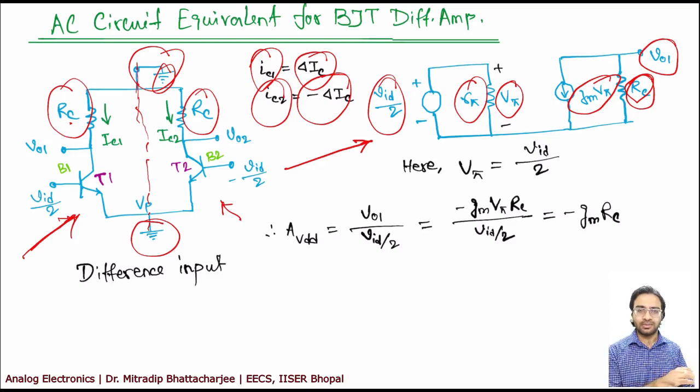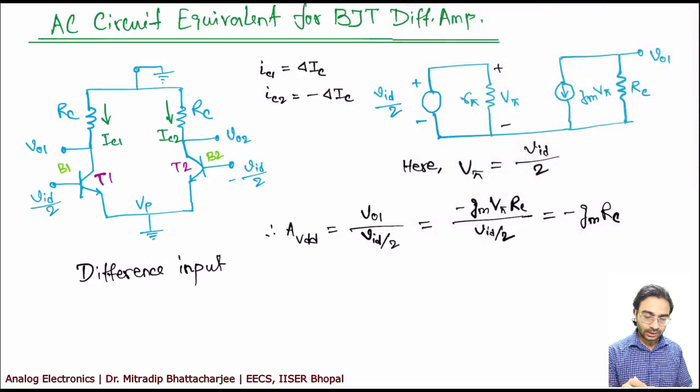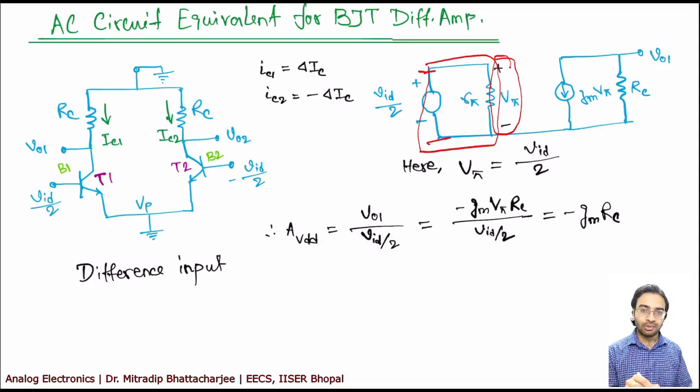So just like the previous MOS analysis, or even before that, I have also done a few BJT analyses. If you look at the circuit, it is very clear that as you don't have any resistance in this loop other than R pi, the voltage across R pi is your V pi, and that voltage will be equal to the voltage you have at the input.